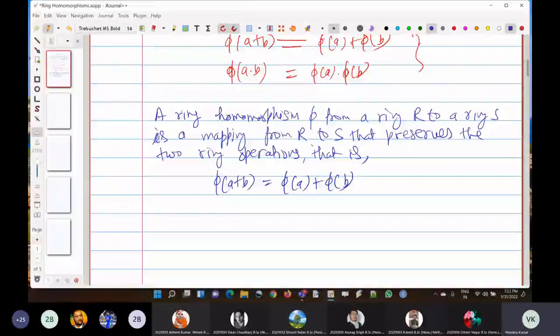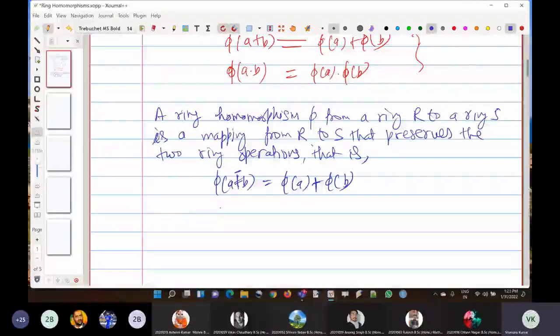is the addition of S, and you know that it is not always that S has to be the integers. So this operation needs to be considered in S, and this operation needs to be considered in R. You need to take care, these pluses are not the same, and of course they are the same only if R and S are of the same nature.